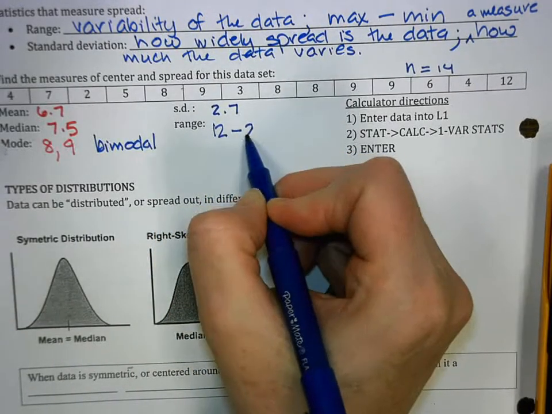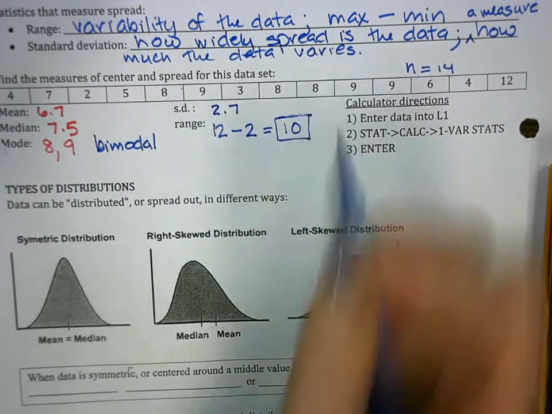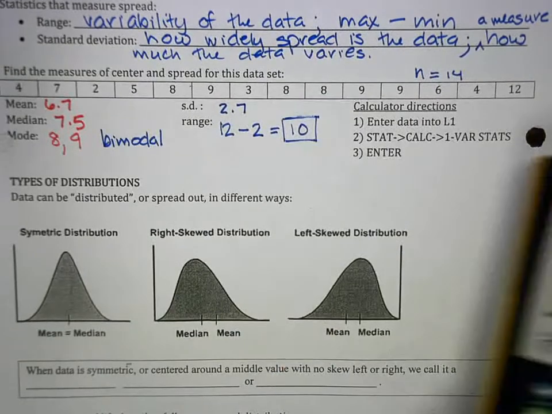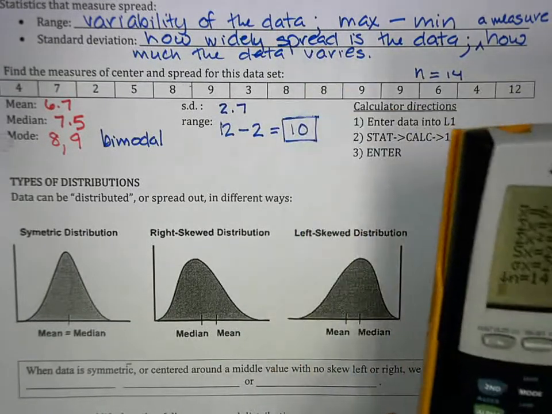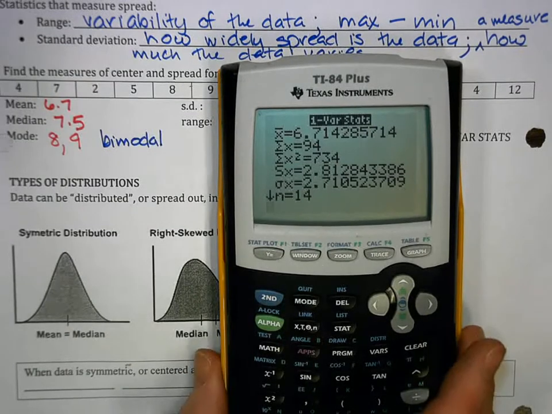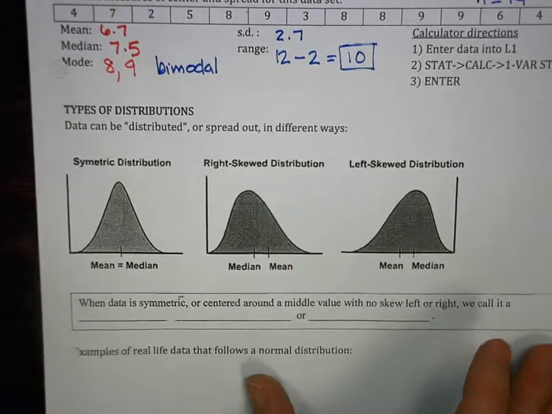The range of the data, the maximum number is 12. The minimum number is 2. Therefore, our range, box that in, is 10. So that is how we get all of these data points. Stat, calculate, 1, and then you'll have all your data.